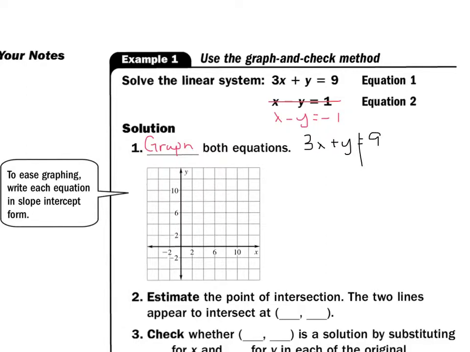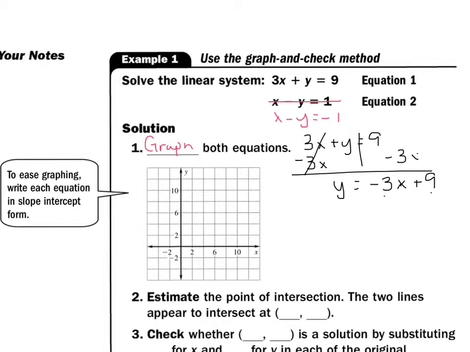This one's actually fairly easy to solve for y. We need to just subtract the 3x from both sides. Those 3x's are gone. You are left with y equals, I'm going to move my negative 3x to the front, make it negative 3x plus 9. And that way it's written in slope-intercept form.